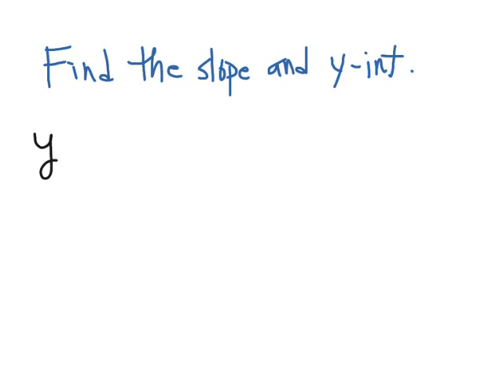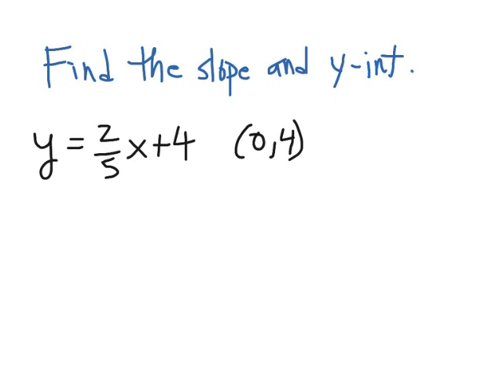And they might give you y equals 2/5 x plus 4. Well, for that one, there's really no work to do. The y-intercept is 0, 4. The slope is 2/5. Really nothing to do there.